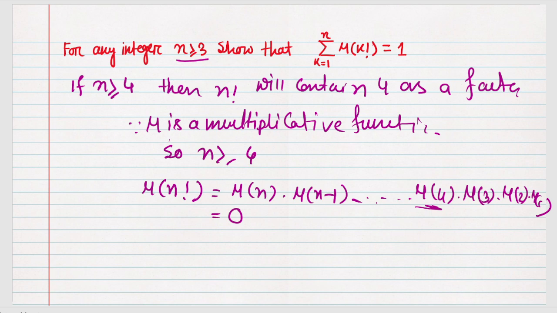Then there is a 0 in the product, so we can say that the number will be 0.